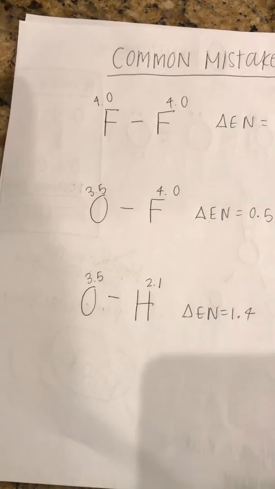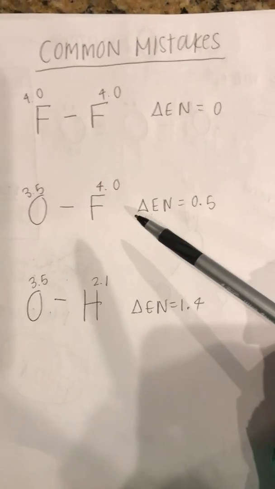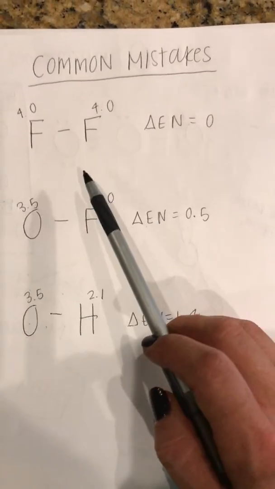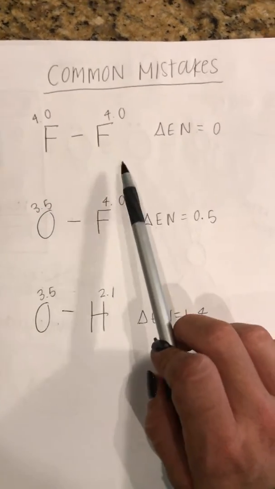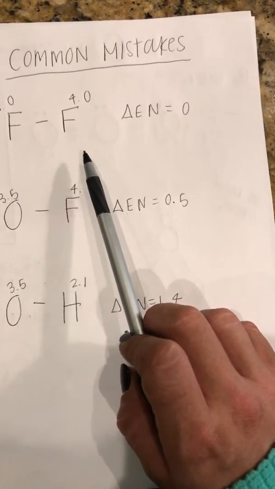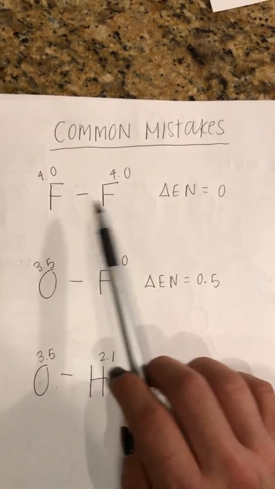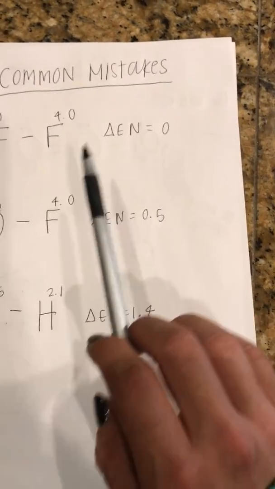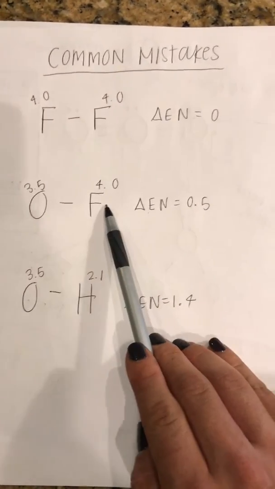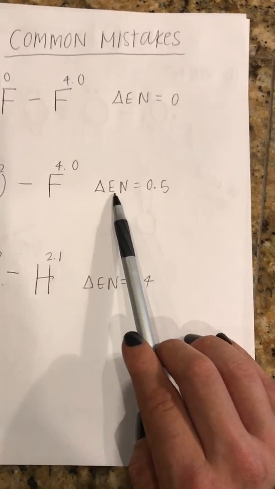There are the electronegativities of the atoms. A large charge separation is a large difference in electronegativity between the two atoms in the bond. When you look at the molecule here, F2, the difference in electronegativity is 0 because they are the same atoms. Even though this molecule has an O and an F, the charge separation is not that large because the difference in electronegativity is small.